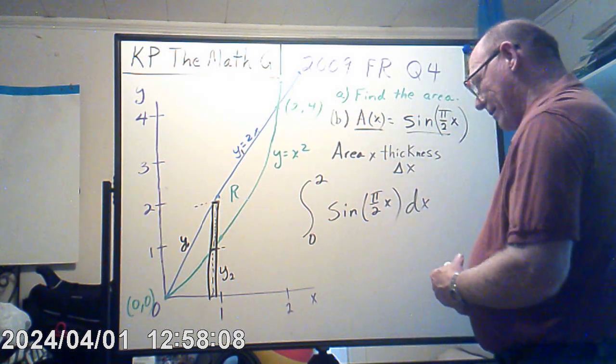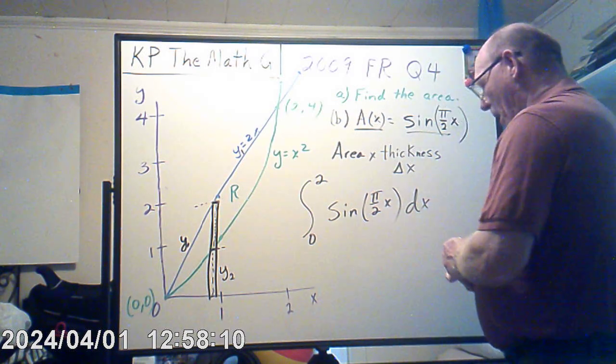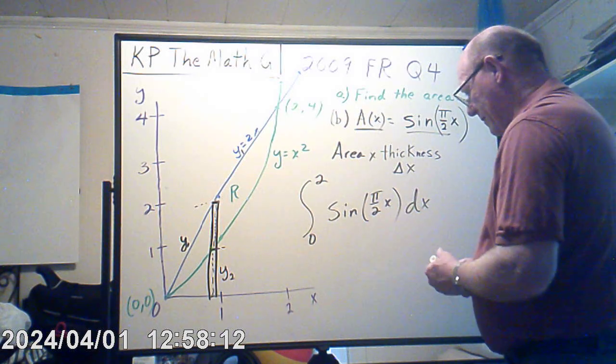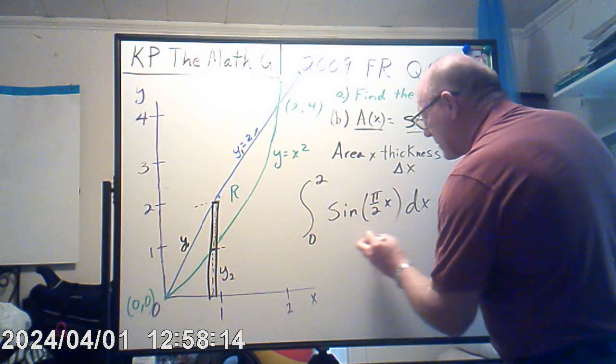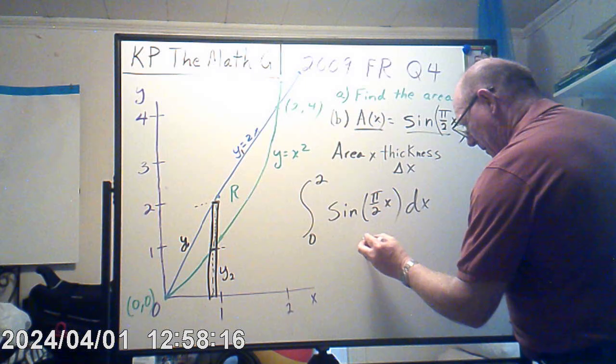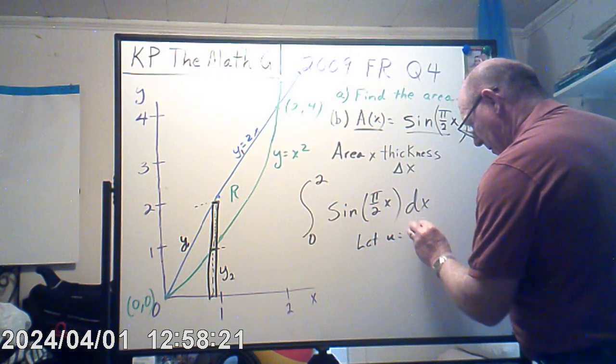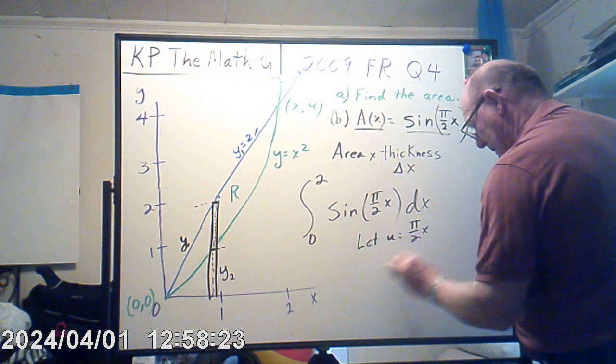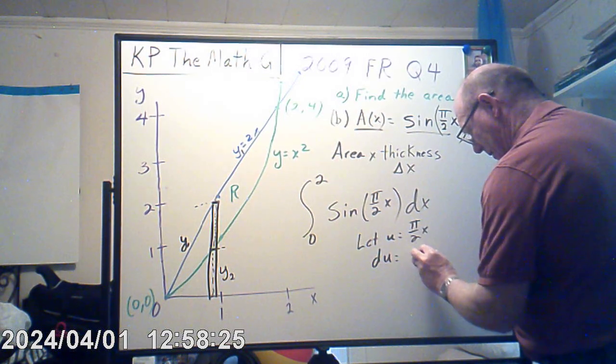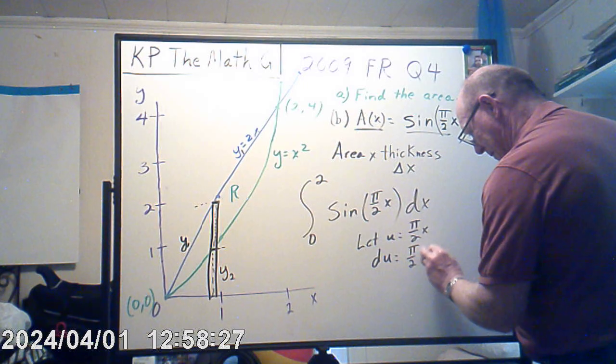And then when we integrate this, again, we'll let u equal pi over 2 x. Then du is equal to pi over 2 dx.